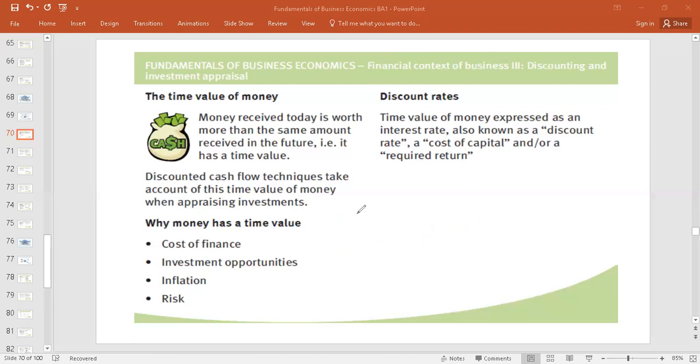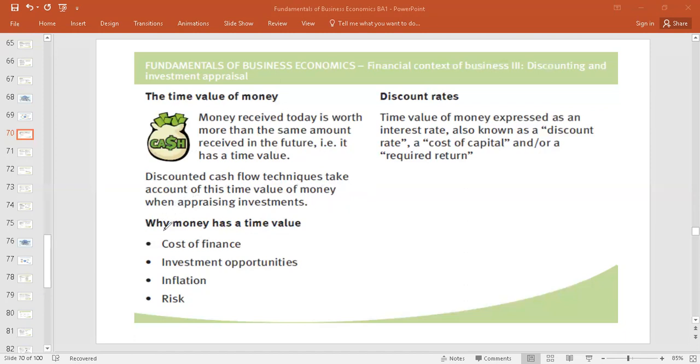If there is a promise to receive money with a face value of cash flow, that face value should be discounted to get its real value. Discounted cash flow technique takes account of this time value of money when appraising the investment.